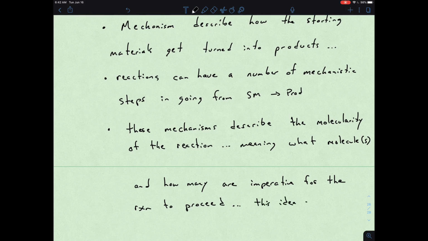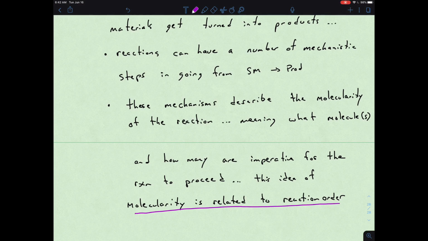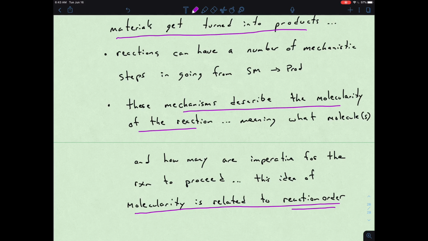This idea of molecularity is related to reaction order, right? So we're coming back to that reaction order idea again, and mechanisms help describe that idea of the molecularity of the reaction. It's basically showing us how these materials get turned into products.